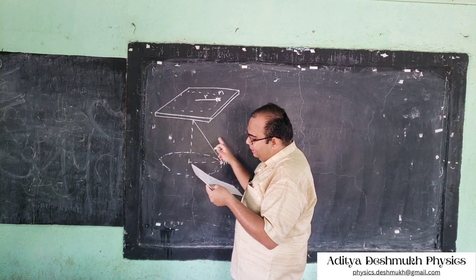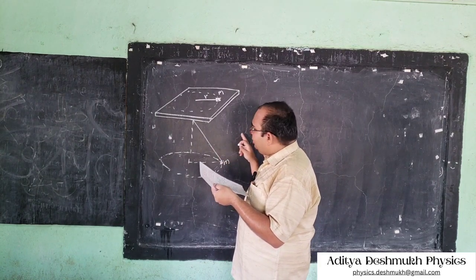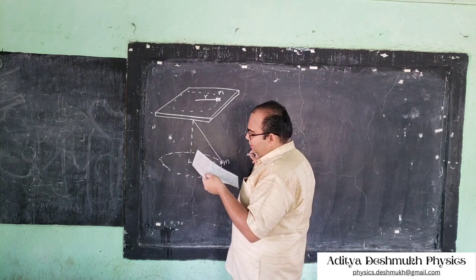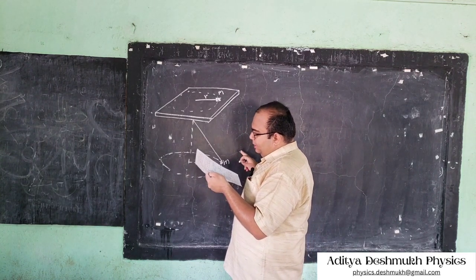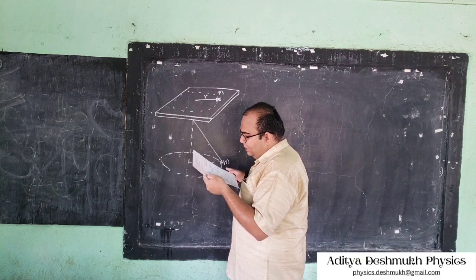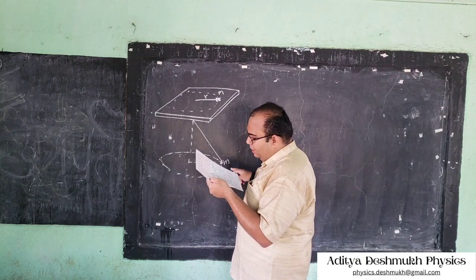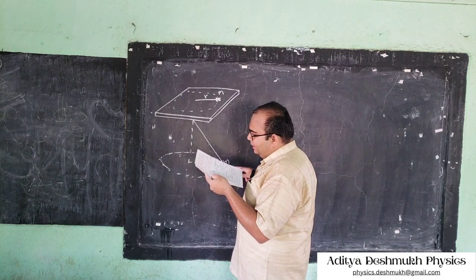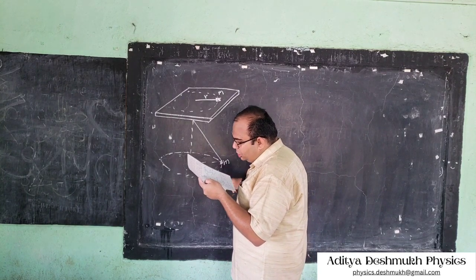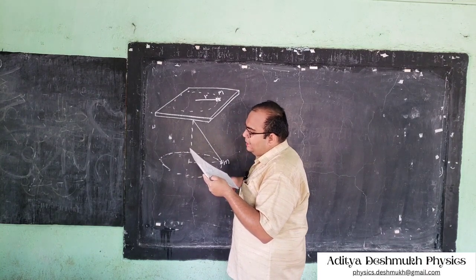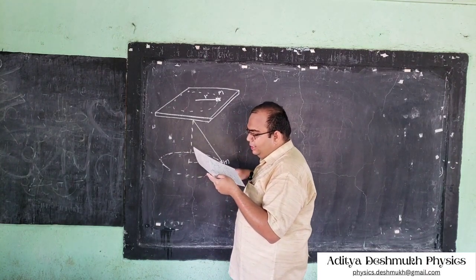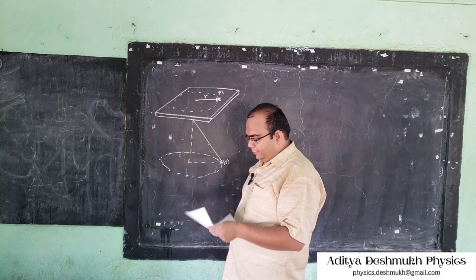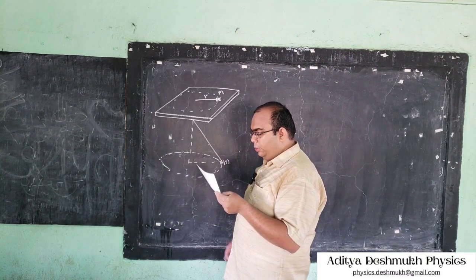The system is set in motion with constant angular velocity omega 1. The second particle moves in a horizontal circle as a conical pendulum with angular velocity omega 2. Show that the lengths of the portion of the string on either side of the hole are in the ratio of omega 2 square upon omega 1 square.